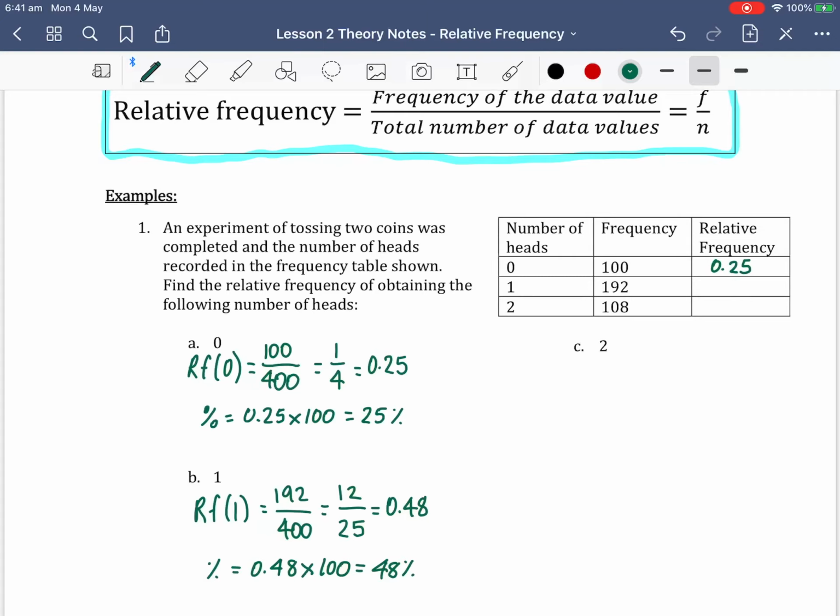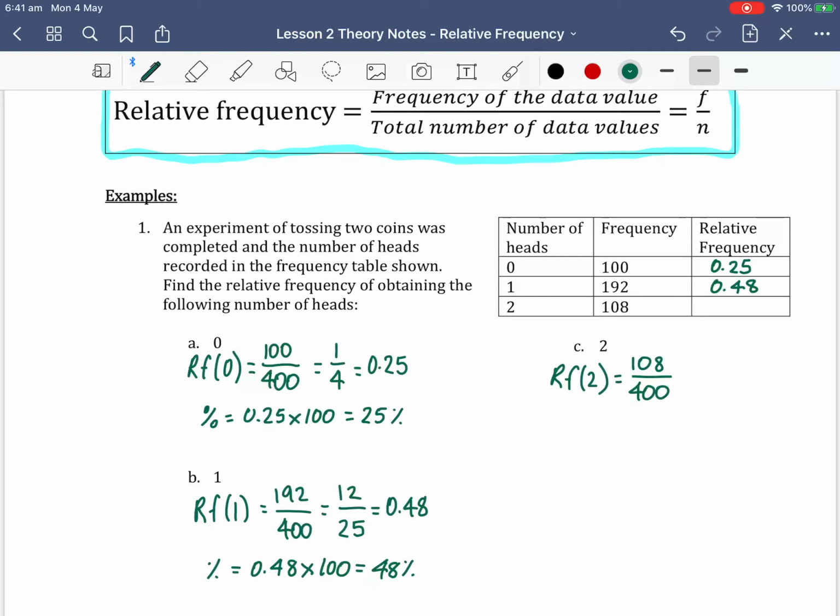And we're going to keep our decimals going over here by filling in our table. So then we want to find the relative frequency of attaining 2 heads. So we have our relative frequency of 2 heads, which equals 108 was our frequency over our total of 400.